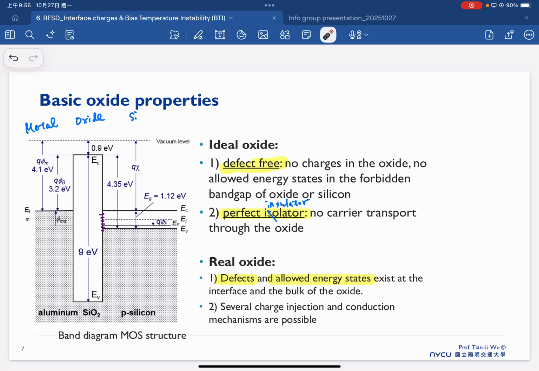So if you don't really understand what the allowed energy state means, you have to go back to semiconductor physics and devices, especially the case of the Schottky metal versus silicon. We already mentioned there's an interface state layer.